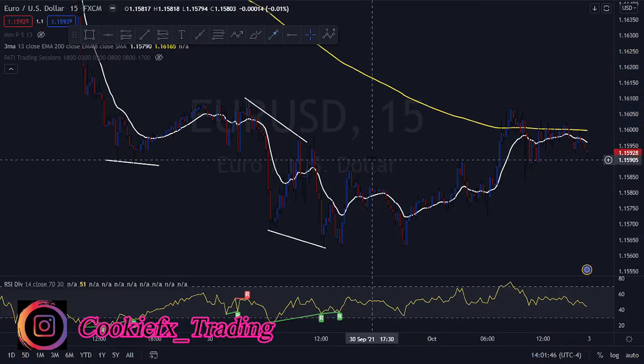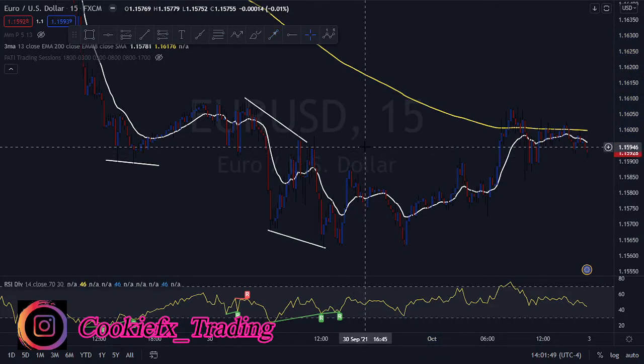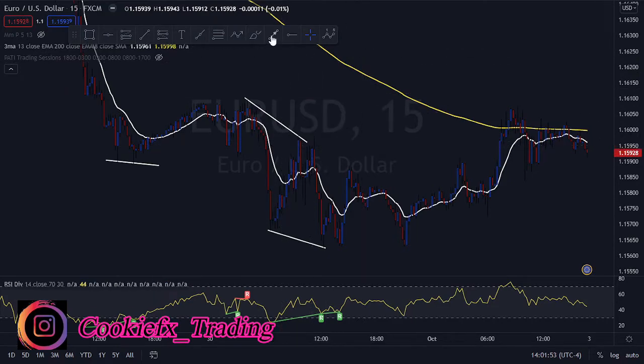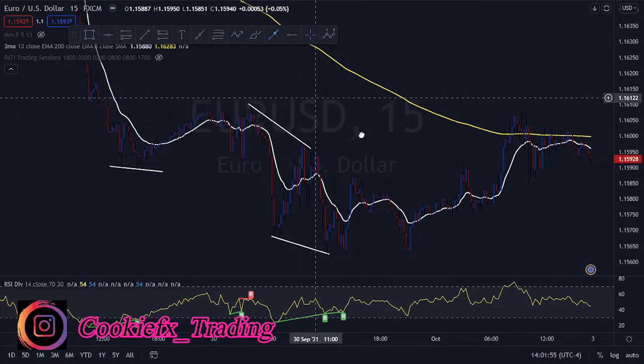Now let me make one thing clear again. When you experience divergence, there's never going to be a major drop.